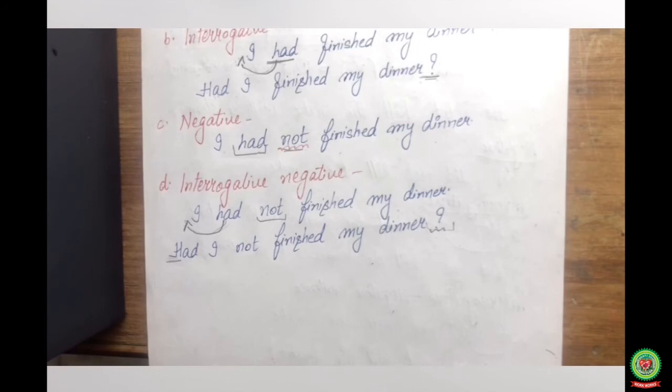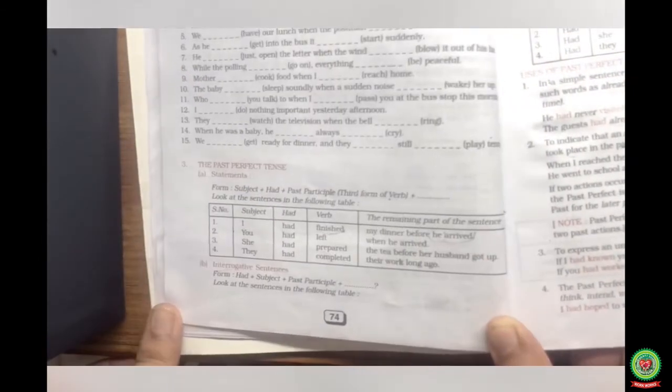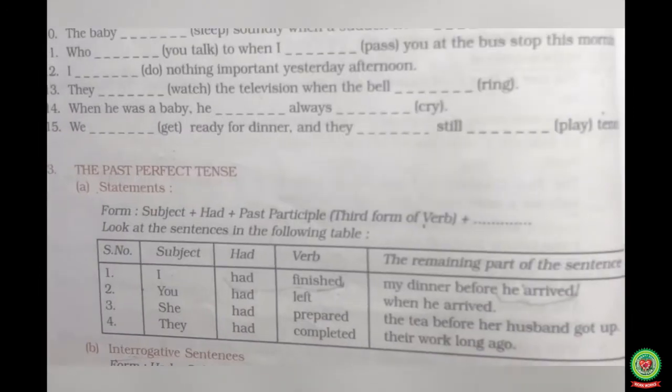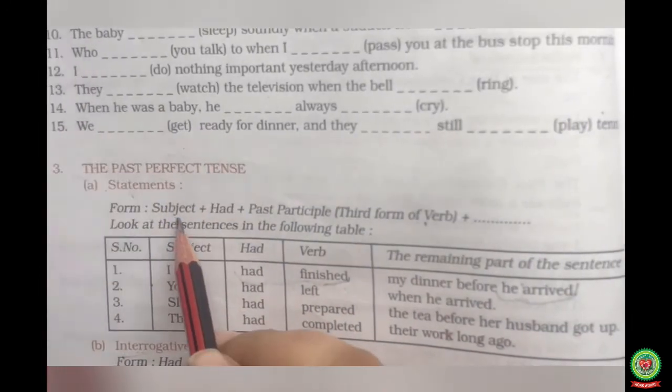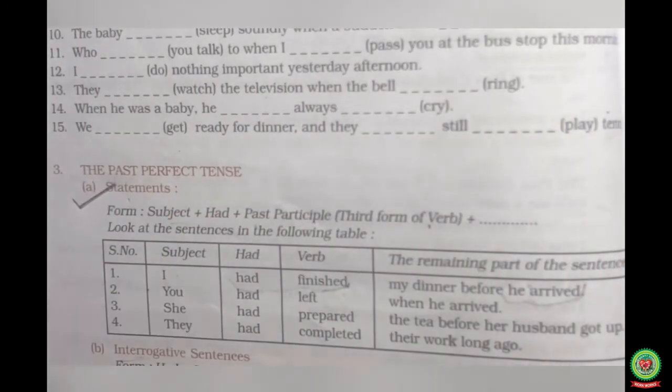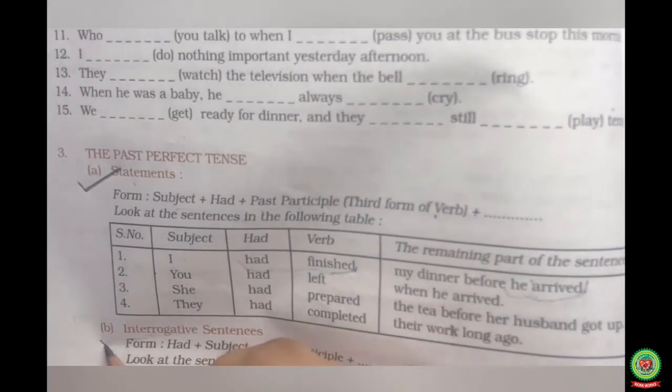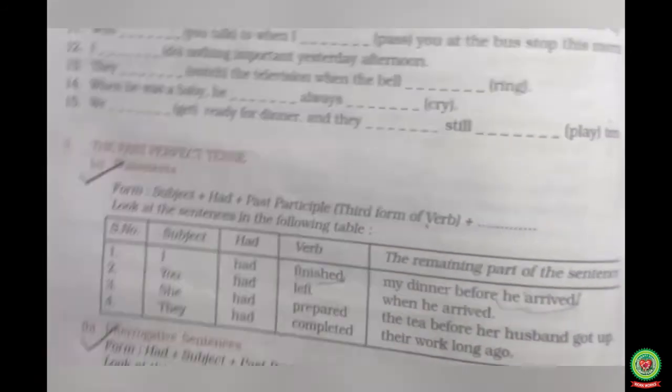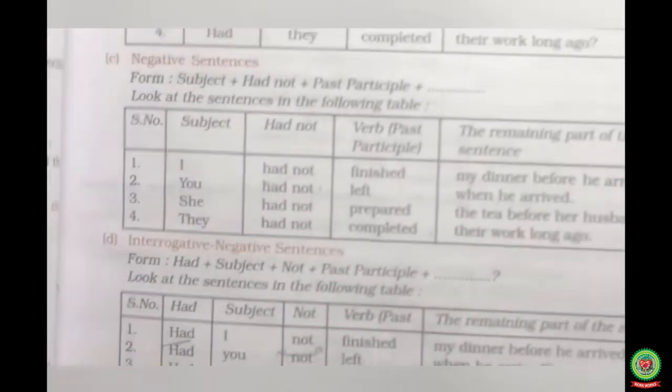Now next is, see, take out page number 74, children. On page 74, we are given statements like subject plus had plus participle form. This I have discussed with you. Interrogative sentences, this also I have discussed with you. Please go through these once, read it once.